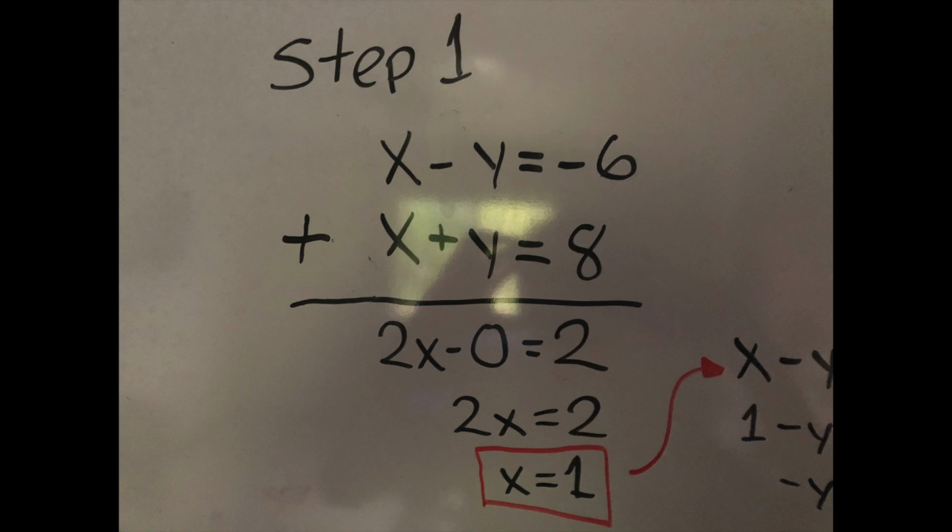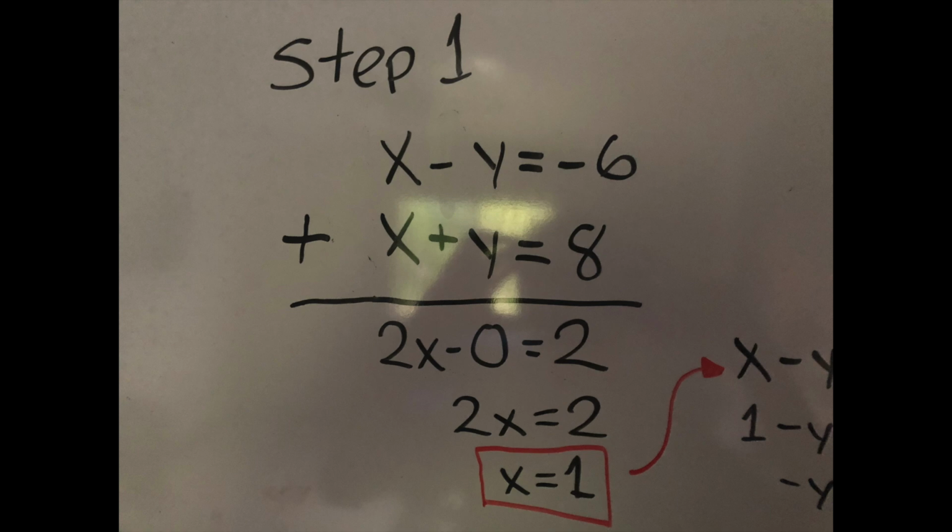So x plus x is equal to 2x, and negative y plus y is equal to 0. So that's where it gets eliminated. Negative 6 plus 8 is equal to 2. So we get 2x equals 2.